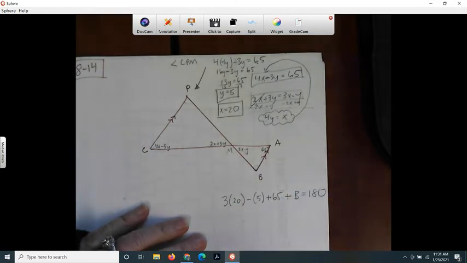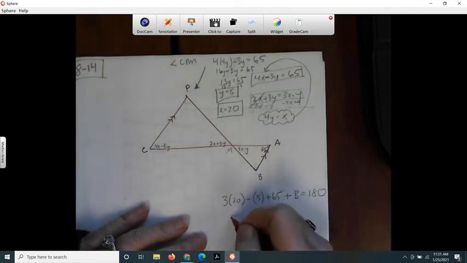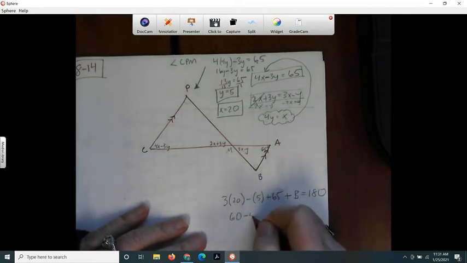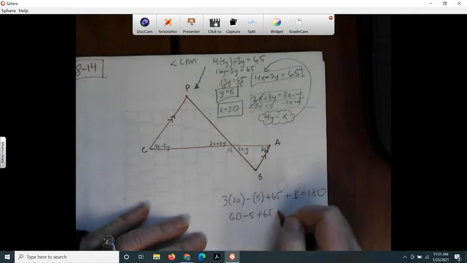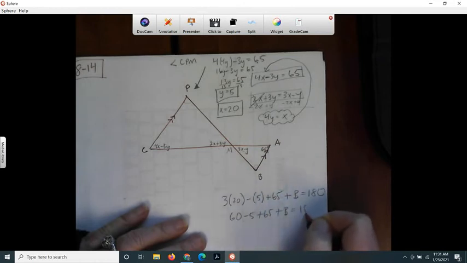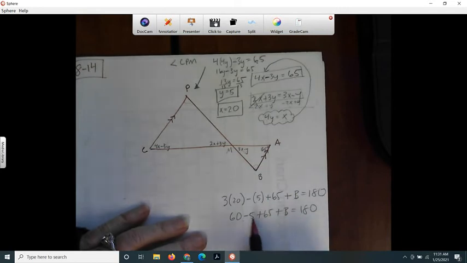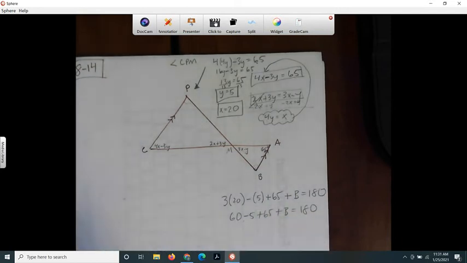And I just named it B for angle B. So 3 times 20, that's 60. So that's 55. What's 55 plus 65? That's 120.